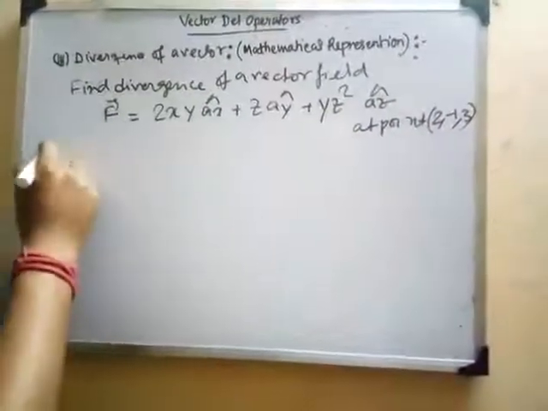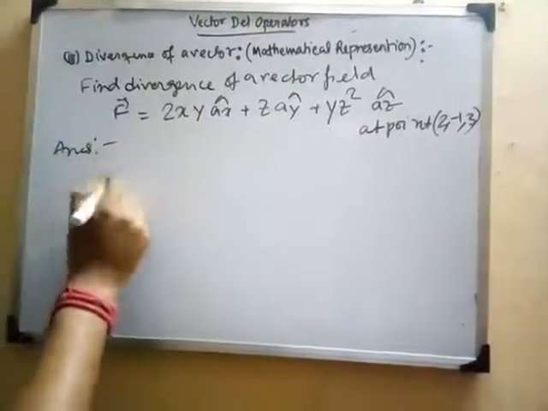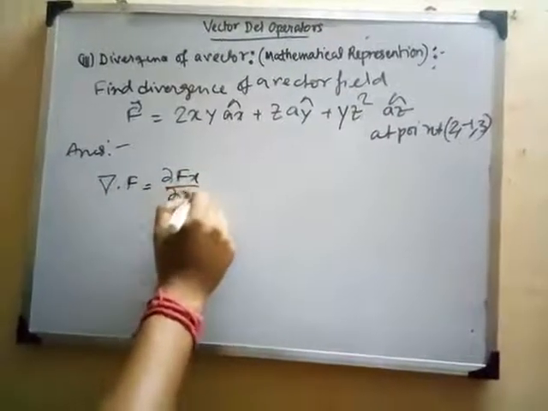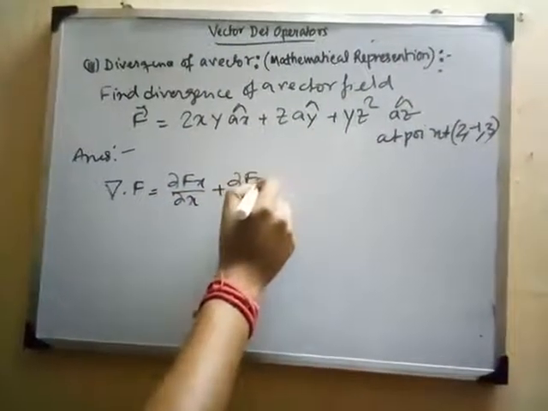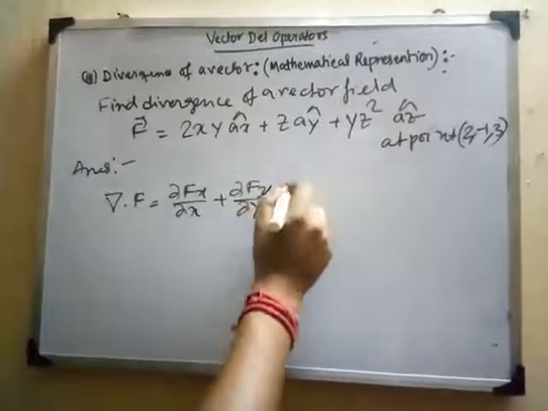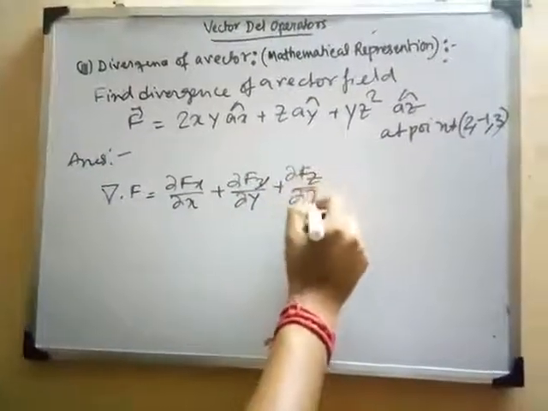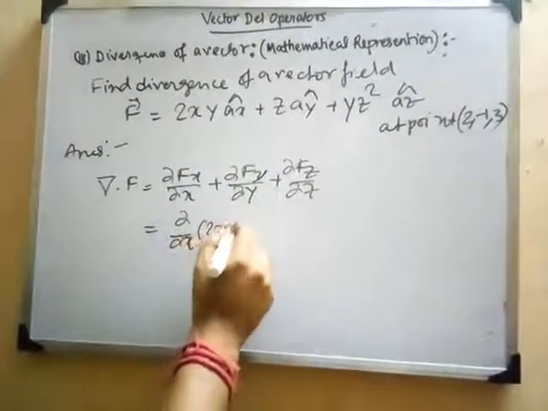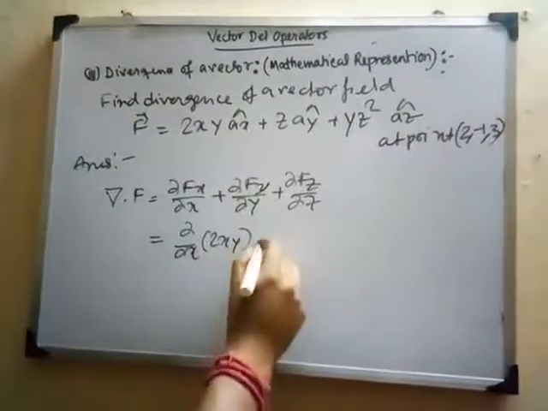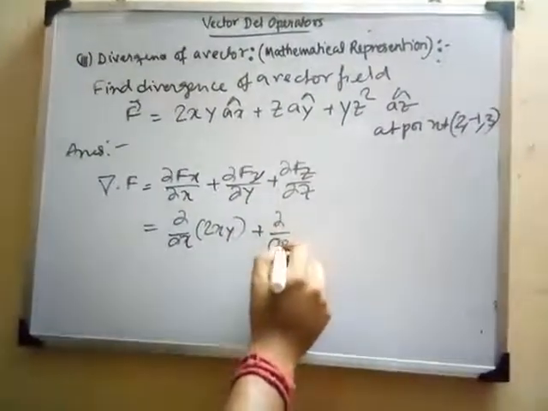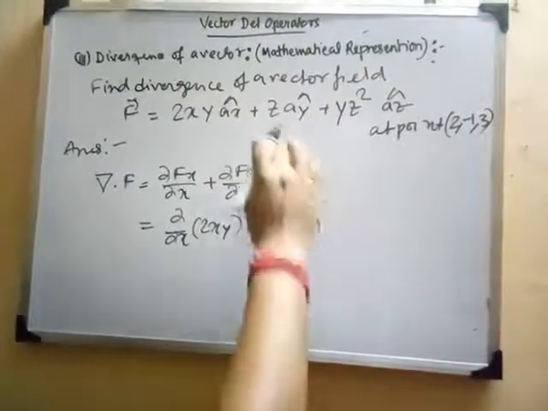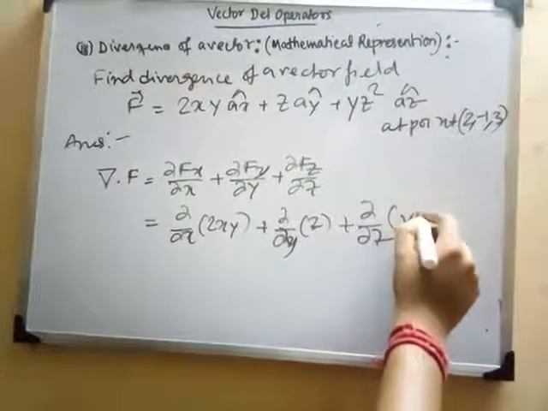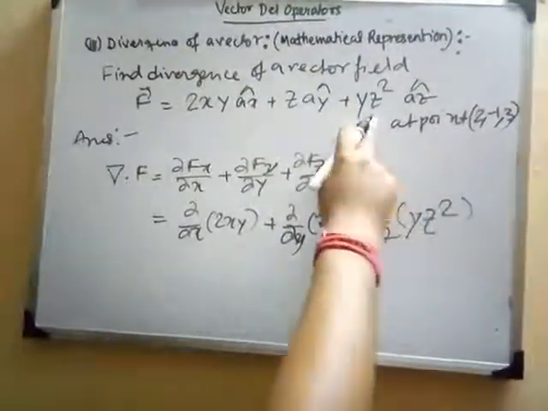You know the representation of divergence: del dot F equals ∂Fx/∂x plus ∂Fy/∂y plus ∂Fz/∂z, which equals ∂/∂x of 2xy, plus ∂/∂y of zy, since the coefficient of y is z, plus ∂/∂z of yz², where the coefficient is yz².